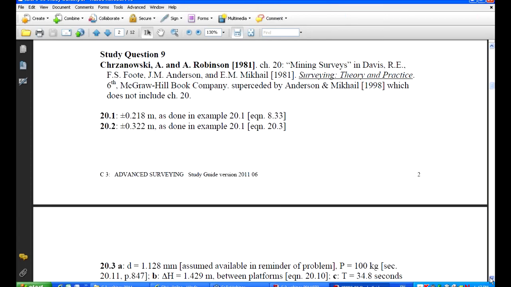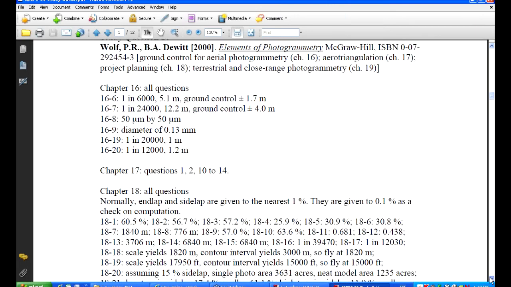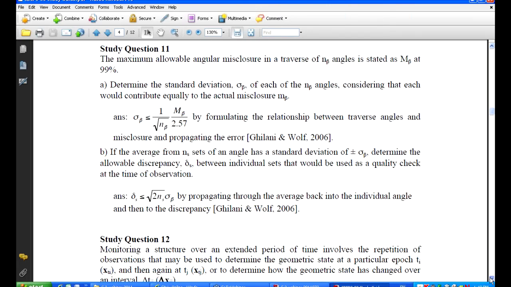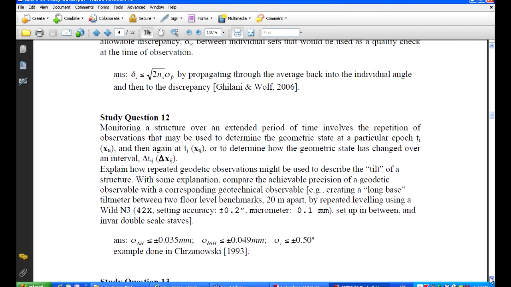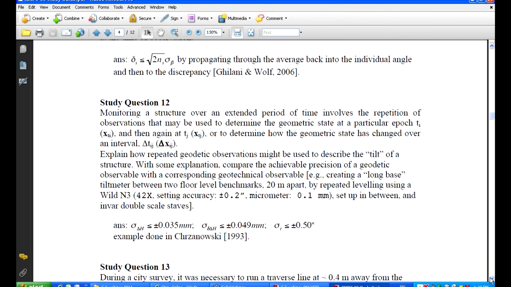Now there were other ones, but these are the ones that pertain to this particular collection of topics. And this one is a bit of a crossover. It also pertains to engineering surveying, but it is dealing with leveling.